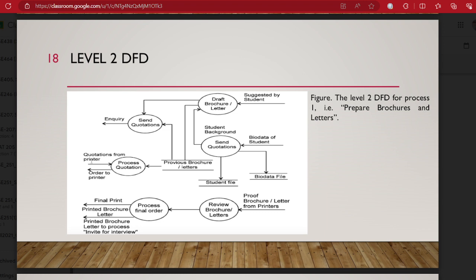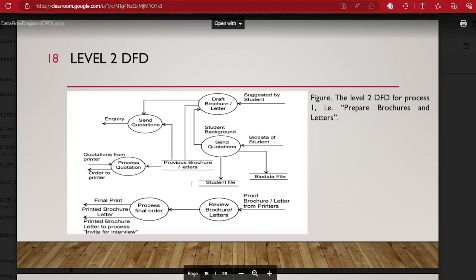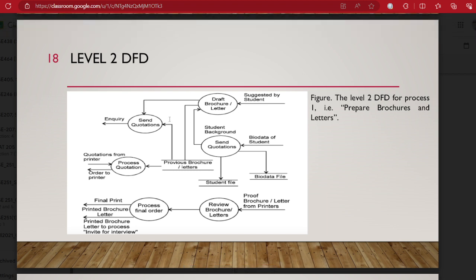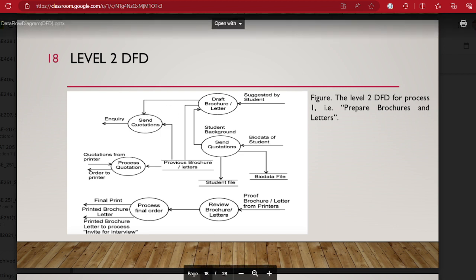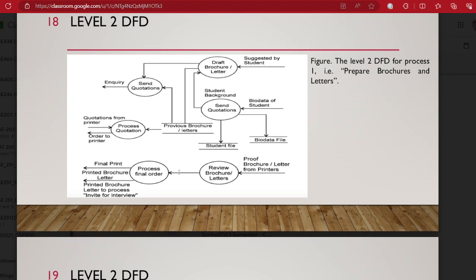We can expect more specific data stores, and we can expect no bi-directional data flows, and we can expect the most specific abstraction of the system that you're going to propose.